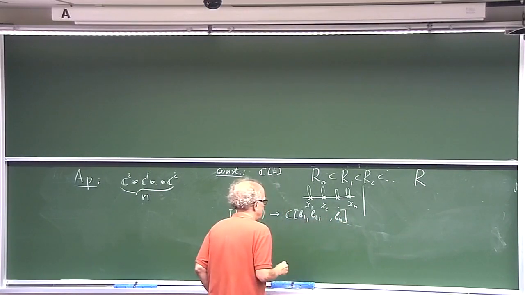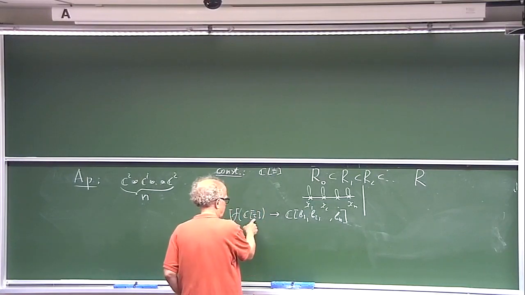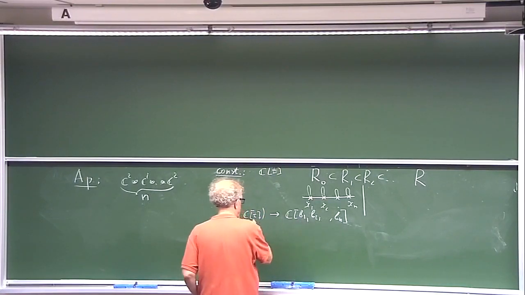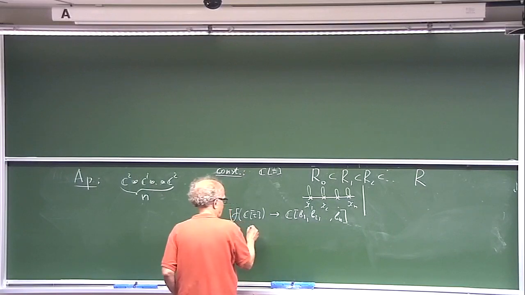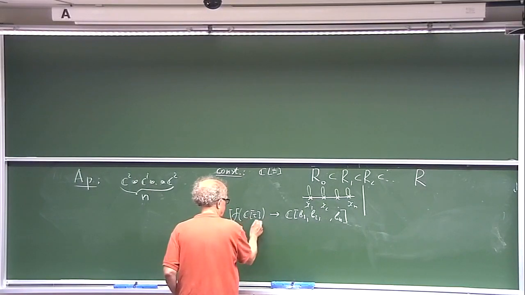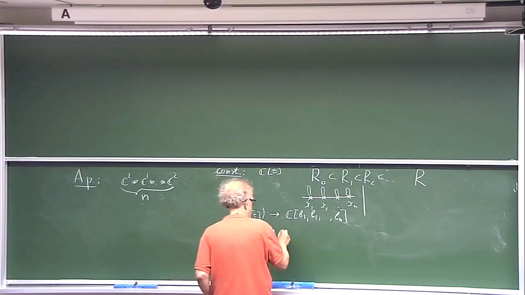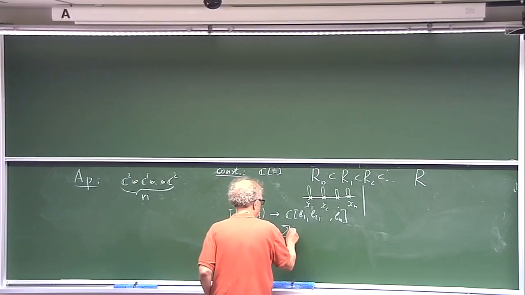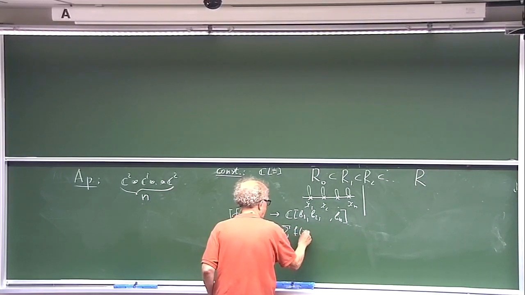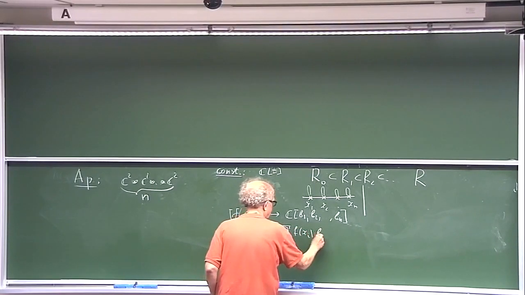And the map from this to this is the following: the generator from here, just a function f, is going to the sum of f(xi) times bi.